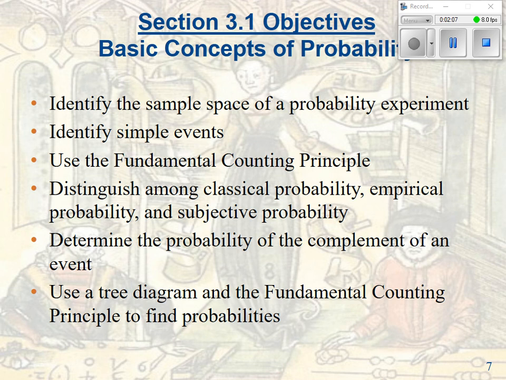Use a tree diagram. We're not going to use a tree diagram because I don't like drawing a whole lot, but you need to know what they are, all right? Tree diagram is just this. If I had the probability of drawing a queen and we were only drawing once, I don't know, let's do something different.